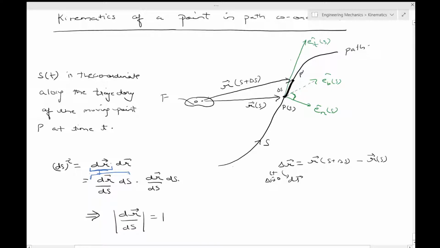Since ds dot ds will be equal to ds squared, the only possibility is that this is true.